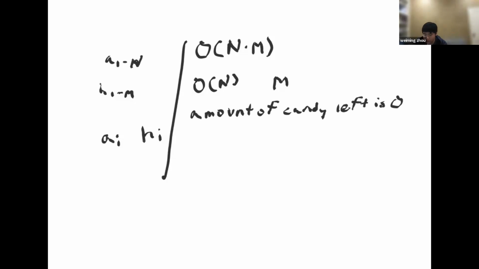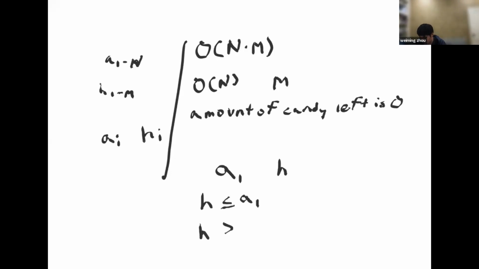The way this works is that if we only consider the first cow, and he has a height of, let's say, A of 1, and we consider what happens to this first cow after he sees some candy cane of height H, the first cow will either eat the entirety of the candy cane if H is less than or equal to A of 1, or it'll eat part of the candy cane and double its height.